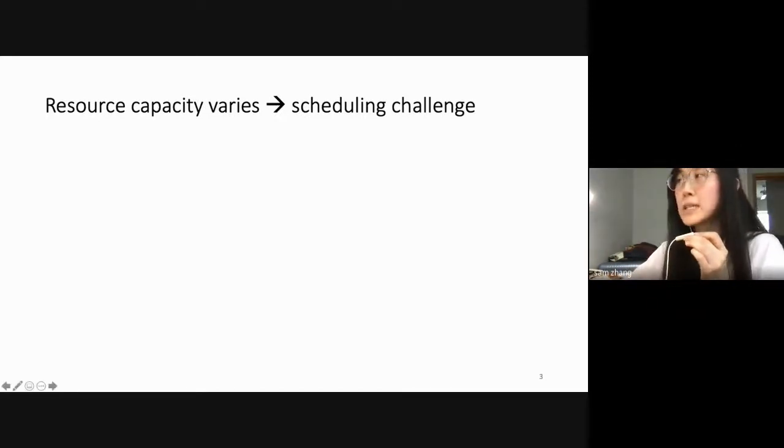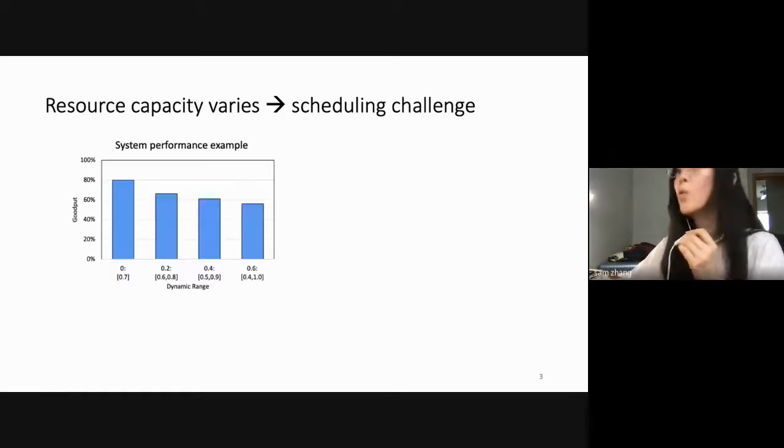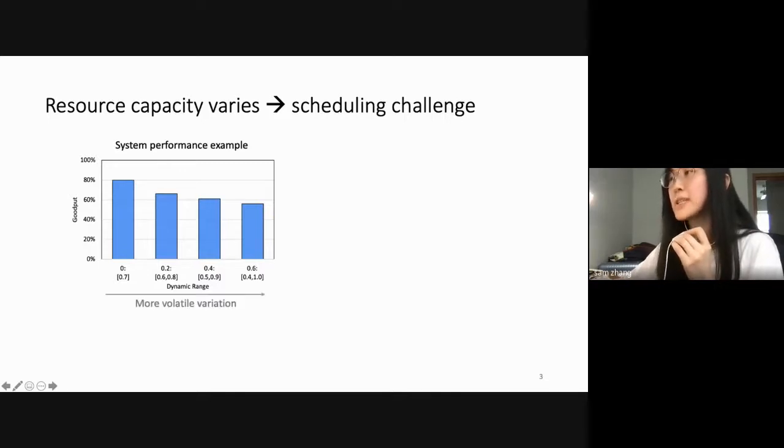When resource capacity varies, it imposes a lot of scheduling challenges in the data centers. Let's look at one system performance example, which we will go back to later in detail. The x-axis, from left to right, measures how volatile the variable resource capacity is, so more to the right means more volatile variation, while the y-axis measures system utilization.